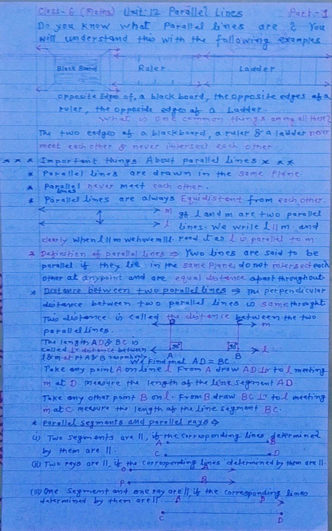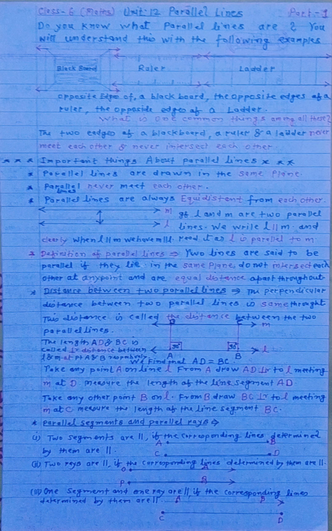First, see blackboards, rulers and ladders. Now we will compare the figures with each other. First, the opposite edge of a blackboard, the opposite edge of a ruler, the opposite edge of a ladder.